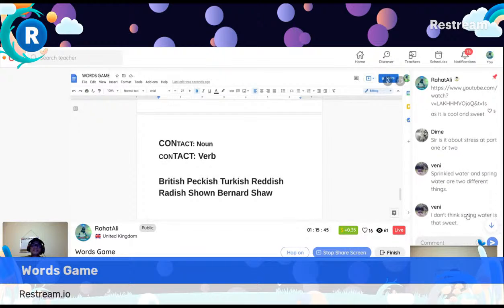Time asked, is it about stress at part 1 or 2? Yeah, if you're talking about a noun, we have to stress the first syllable, like contact, noun. So it is higher intonation to lower intonation, or rising to falling intonation.